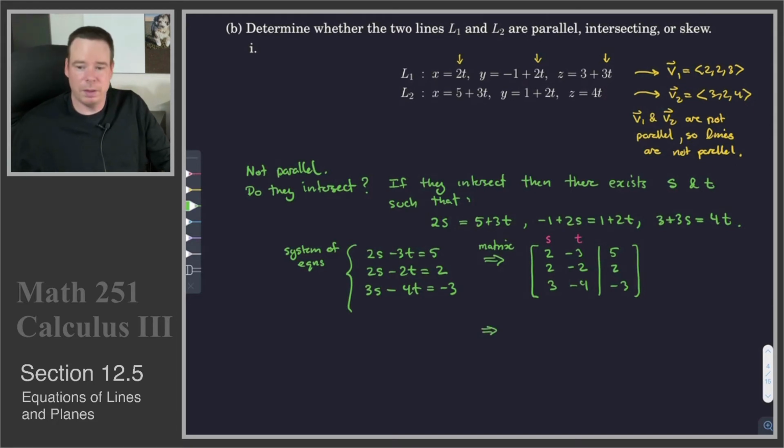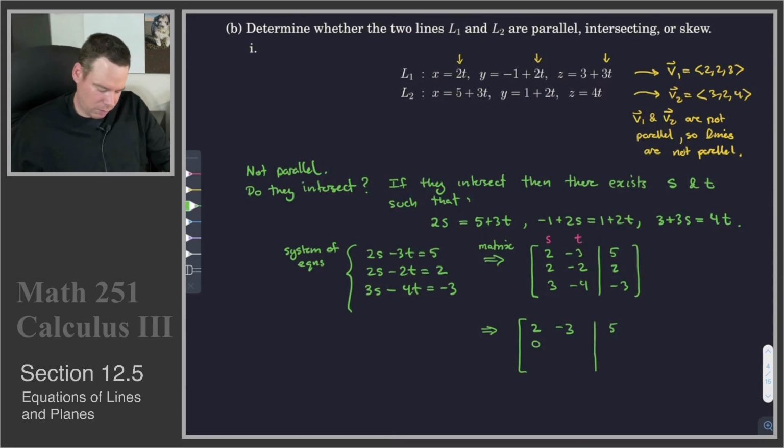And so there is our system written as an augmented matrix, and then we go ahead and use row reduction to try to get the solution to the system of equations. So what I'm going to do is I'm going to notice that I can take negative the first row and add it to the second one to zero out the entry in the first column. So negative 2 plus 2 is 0.